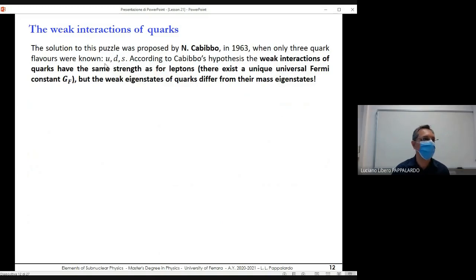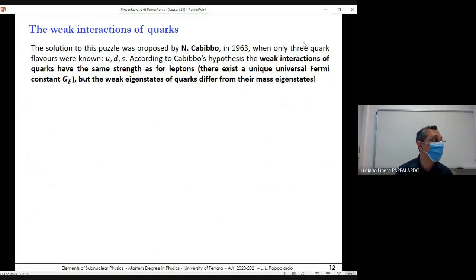Only up, down, and strange quarks were supposed to exist at that time. According to the Cabibbo hypothesis, the weak interaction of quarks has the same strength as for leptons. So according to Cabibbo, there indeed exists a unique, universal Fermi coupling.